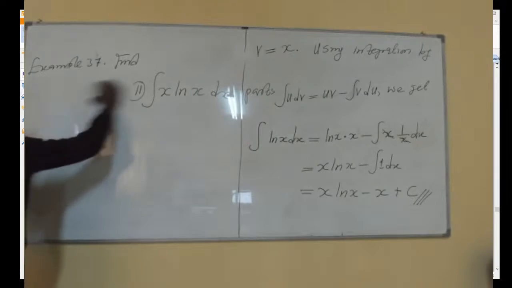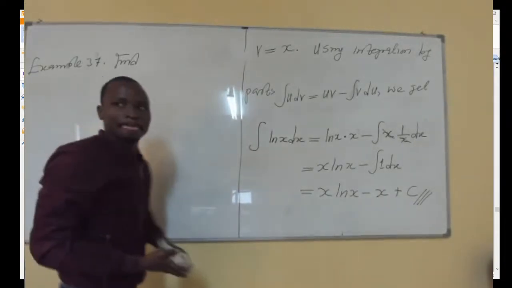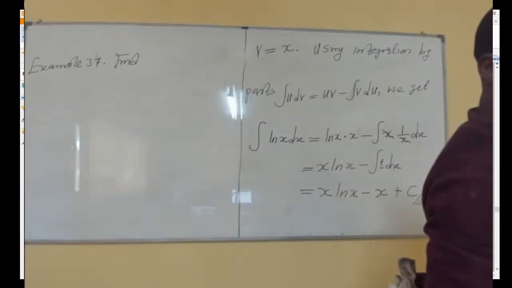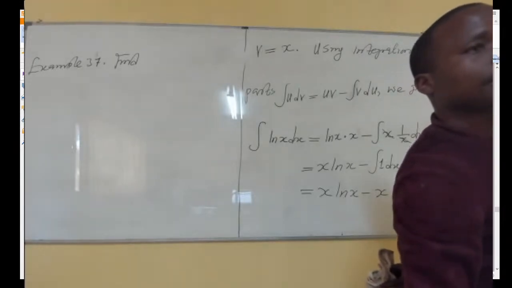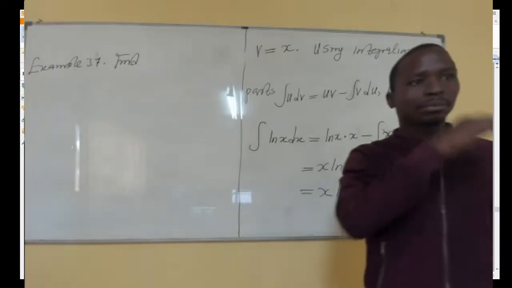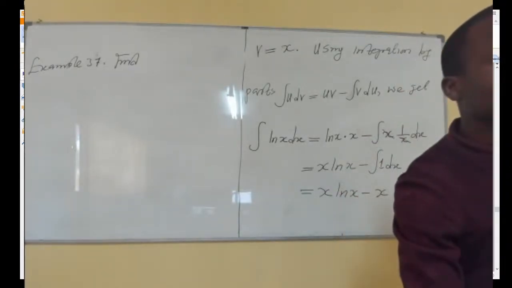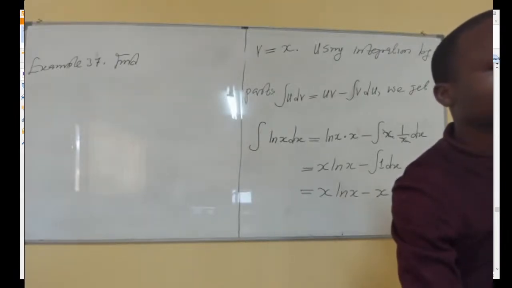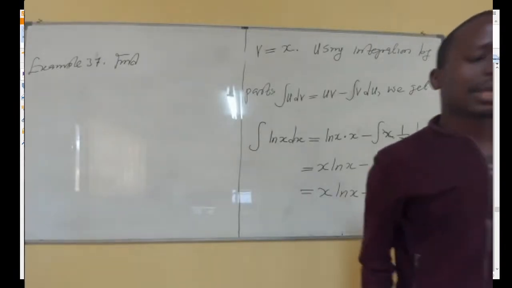Okay, so let's look at this, example number 39. Even though in your notes I think it's showing as example number 4, it was supposed to be 39.